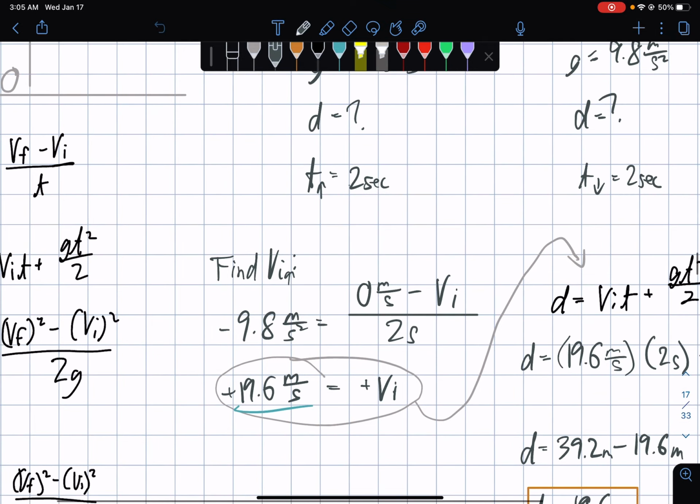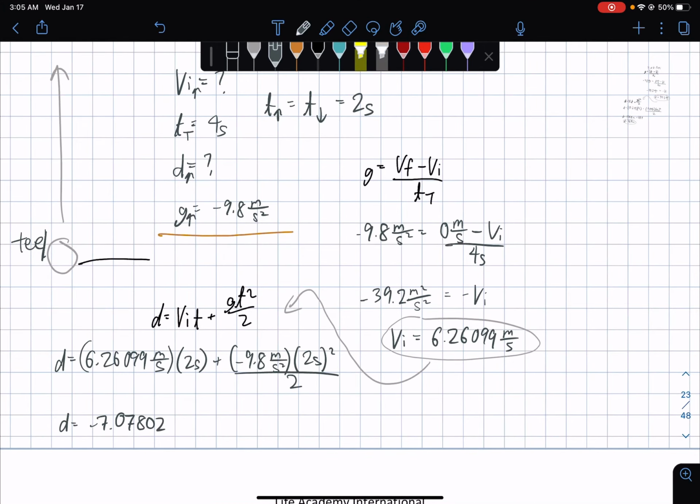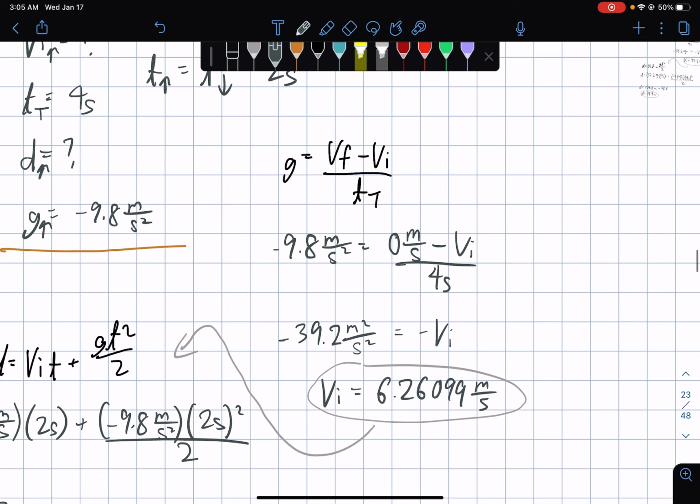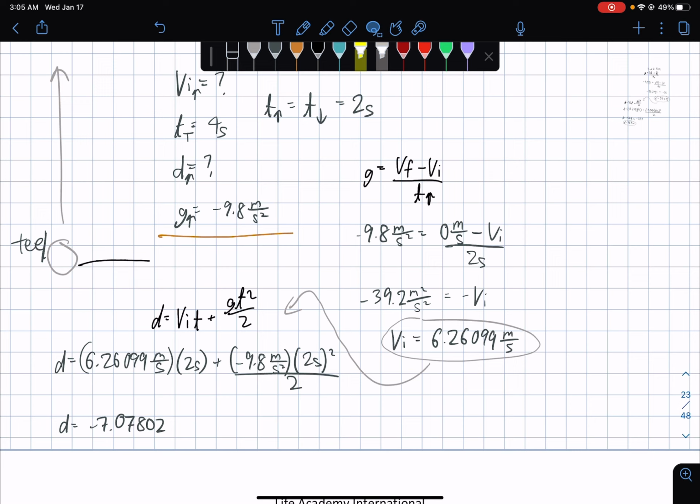Yeah, the time has to be the time going up. Awesome. So 2 times 9.8 is 19.6.